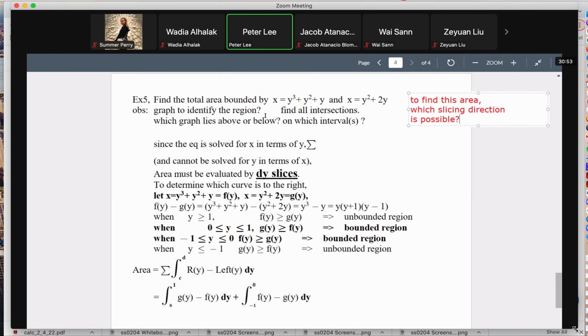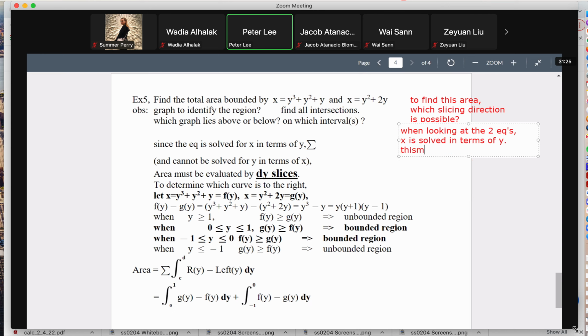Now, when you look at these two equations here, they both solve for x. When looking at the two curves, the two equations, x is solved in terms of y.